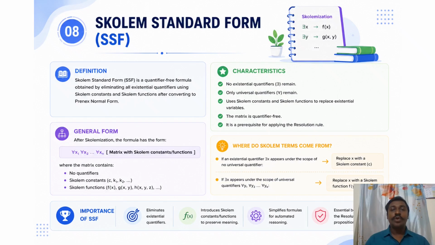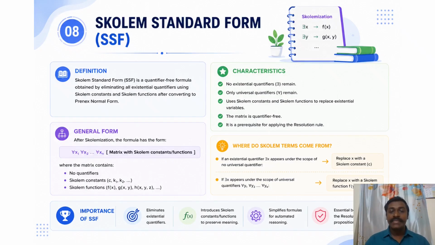What is Skolem standard form? The Skolem standard form is a quantifier free formula obtained by eliminating all existential quantifiers using Skolem constants and Skolem functions after converting to Prenex normal form. So in the general form, we only have universal quantifiers before the matrix, with the Skolem constants and functions.